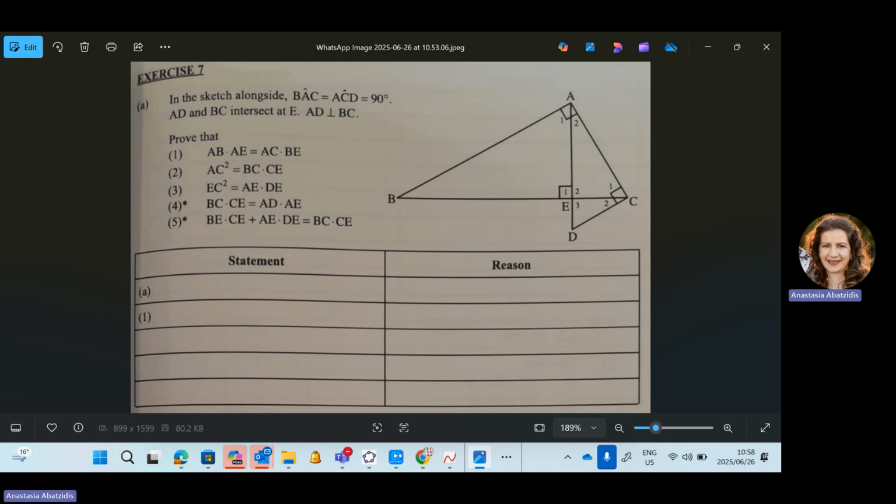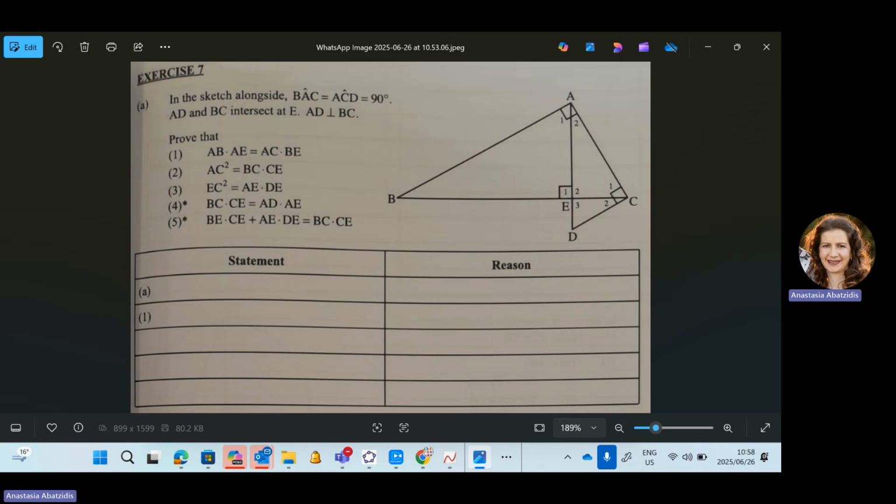Yes. How are we going to get AC squared is BC times CE? Which triangles do we have to use now? Look at what you have to prove: AC squared means AC, AC, BC, and CE. So which two triangles would you write?